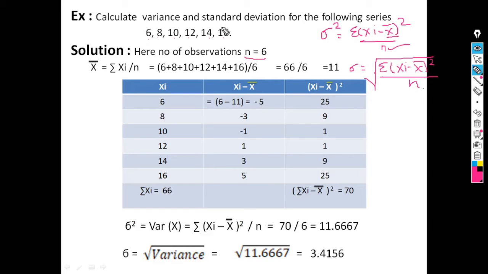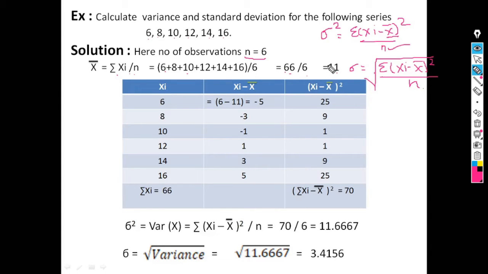This is individual type of data. For individual type of data, the formula of x bar is summation of xi divided by n, means sum of all these numbers divided by 6, that is 6 plus 8 plus 10 up to 16 divided by 6. So the sum in the numerator is 66. 66 divided by 6 is equal to 11.